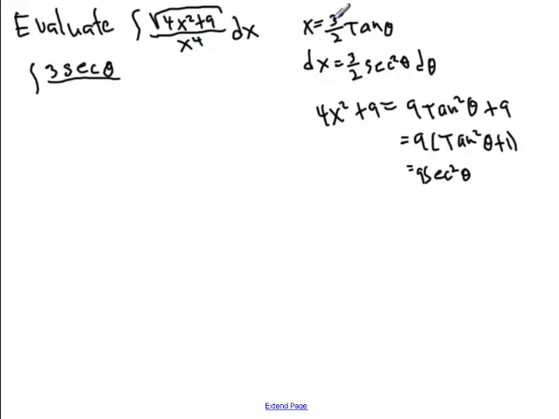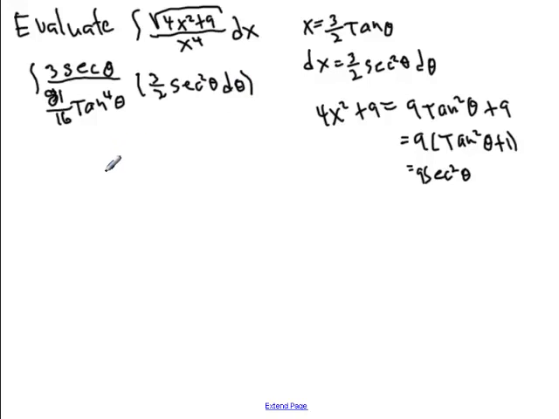So that's going to be 3 over 2 to the fourth, which we can write as 81 over 16, and then we'll have our tan to the fourth. dx, finally, is 3 over 2 secant squared theta d theta.